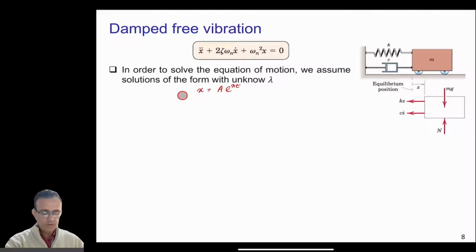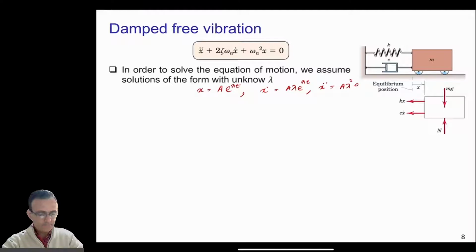Now, if x is equal to this, then you can calculate x dot, which will become A lambda e power lambda t, and similarly x double dot will become equal to A lambda square e power lambda t.